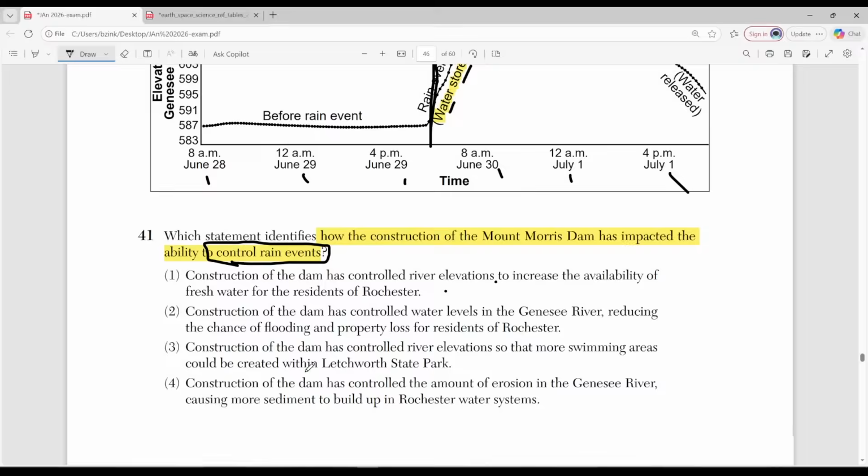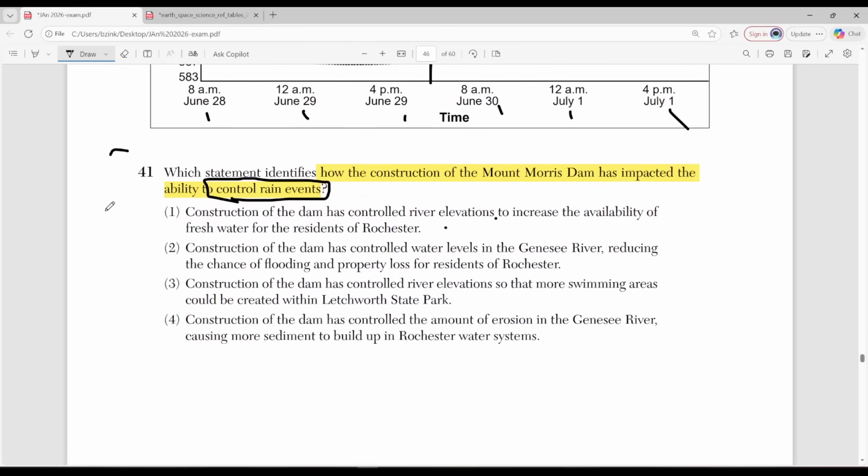Well, if someone wants to tell me how they would solve this, or how a kid would solve this, please leave your comment underneath the video, because the answer to this is 2. Construction of the dam has controlled water levels in the river, reducing the chance of flooding and property loss.